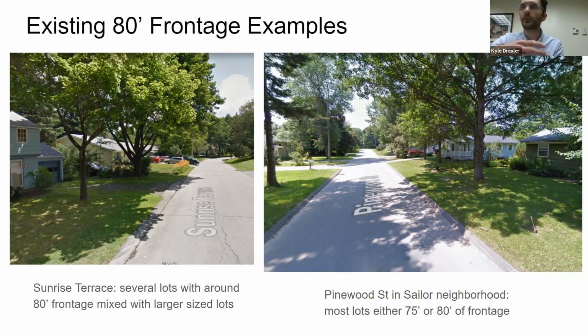You're still able to achieve that nice neighborhood feel with that sort of dimensional requirement with the 80-foot frontage. And same for Pinewood Street in Sailor neighborhood. Most of the lots on the street had either 75 or 80 feet of frontage.